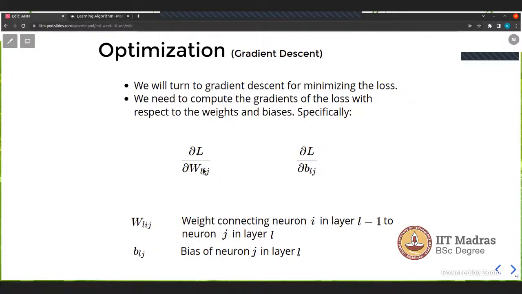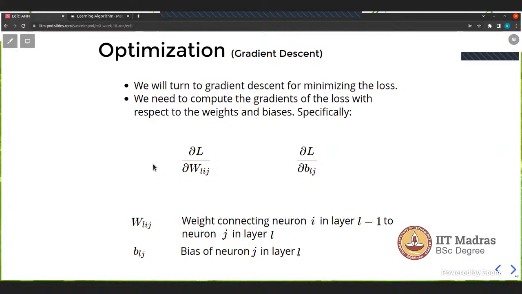So even a moderately sized neural network will have several thousands of parameters. So you'll have to compute this gradient for several values of weights and biases. So this is a pretty challenging problem.